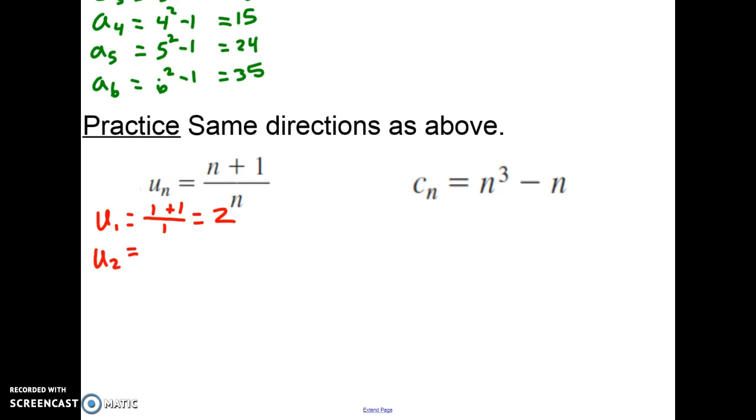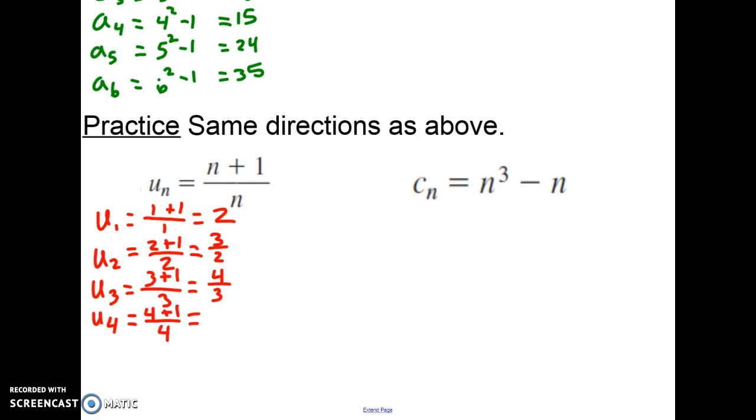u of 2, we're plugging 2 in, so that's 2 plus 1 over 2, and that would be 3 in the numerator and 2 in the denominator. u of 3, plugging 3 in, 3 plus 1 over 3. That would be 4/3. You can just leave it as improper fractions. That's not a big deal in this section. u of 4, plugging 4 in. So hopefully you can see that the numerator is always going to be 1 more than the denominator.